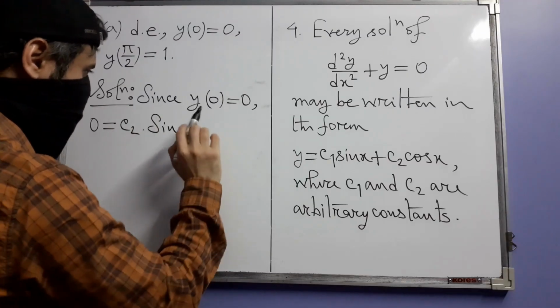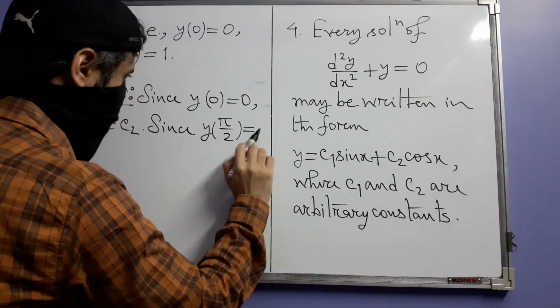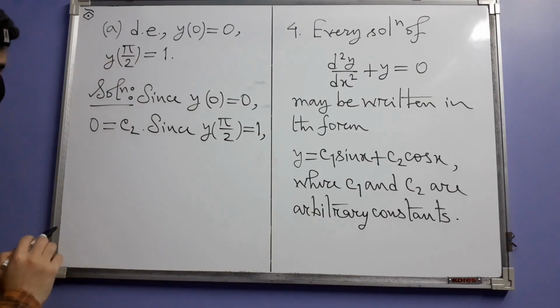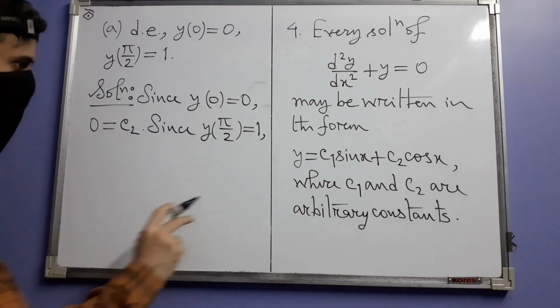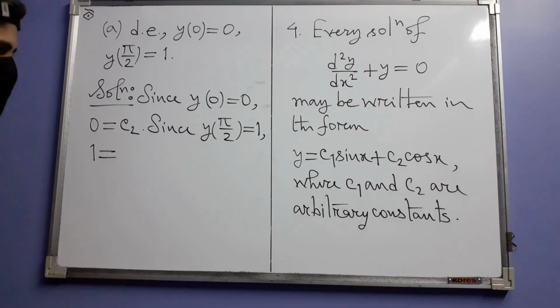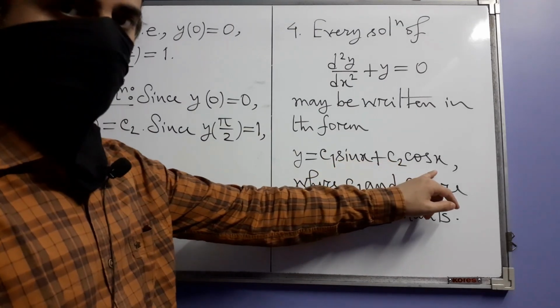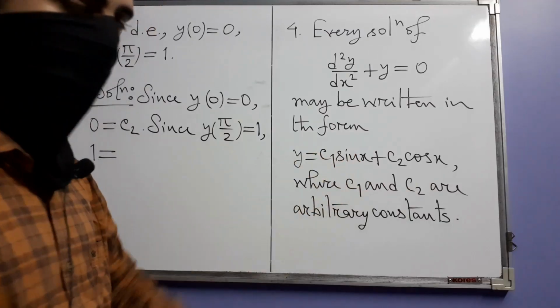What else? Since y of pi over 2 is equal to 1, on this side we will have 1. What will happen here? Sin pi over 2 is 1 but cos pi over 2 is 0. So this time we will have C1.